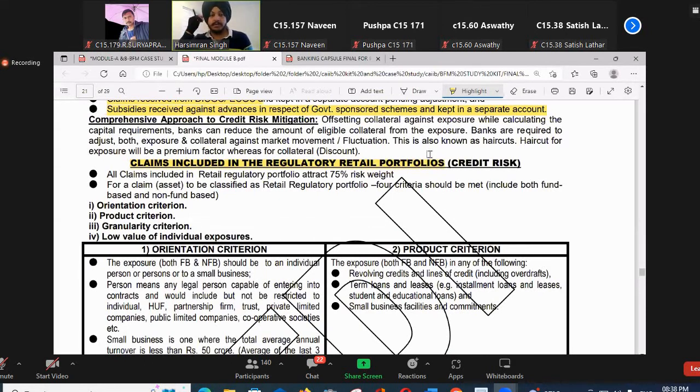First of all, you have to understand how do we know that for a retail portfolio the risk weight is 75, okay, but the question is how do we make sure whether the loan that we have given is a retail loan or not. So there are 4 criteria, you have to remember these.